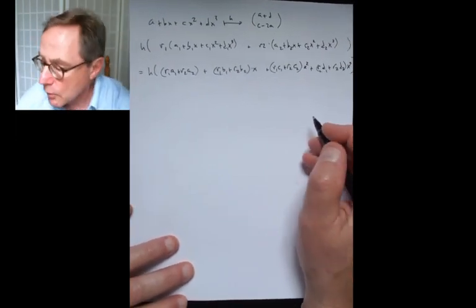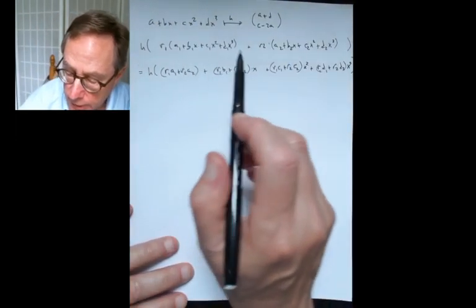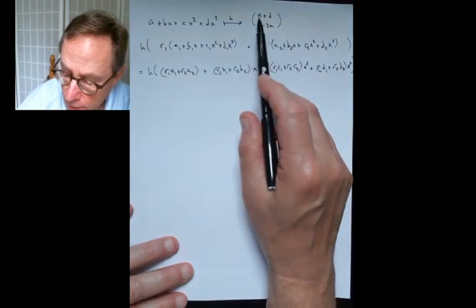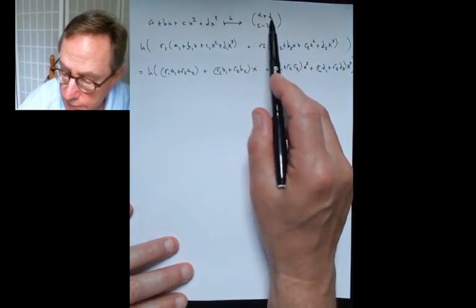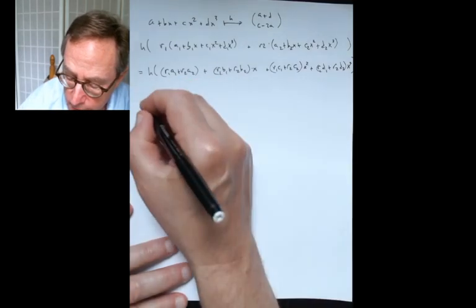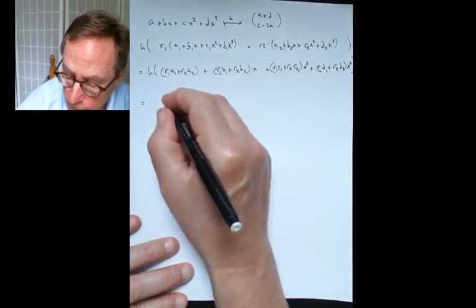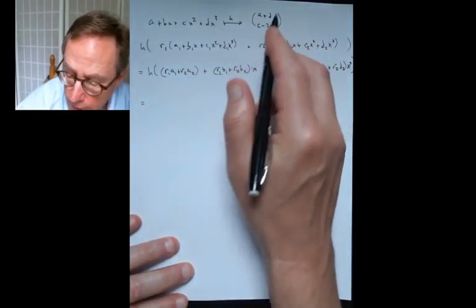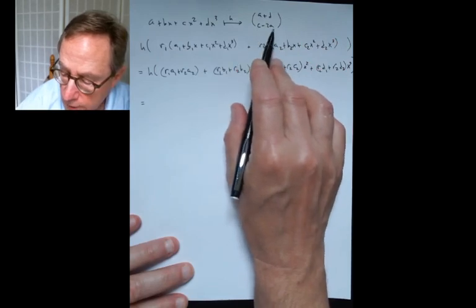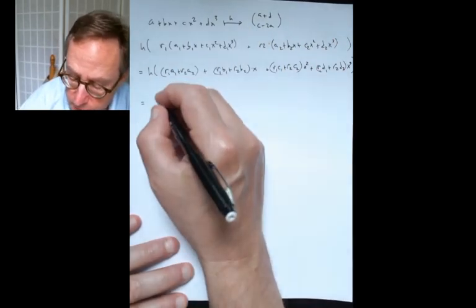Okay, so of course now what h does is it takes the constant term and the coefficient of x cubed and puts it on the top of the two tall vector, and then it takes the coefficient of x squared minus twice the constant term and puts that on the bottom.